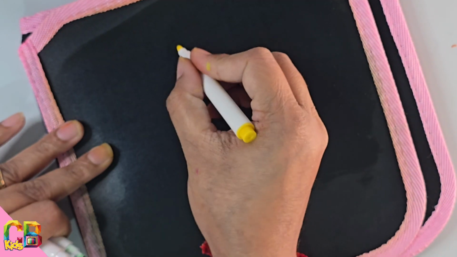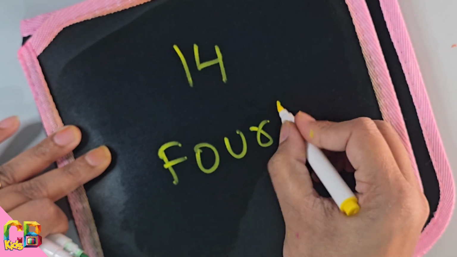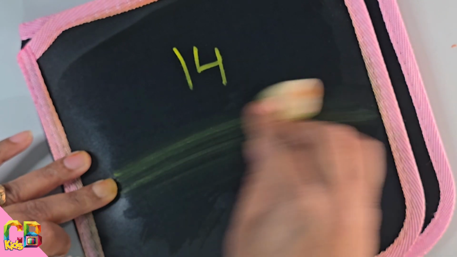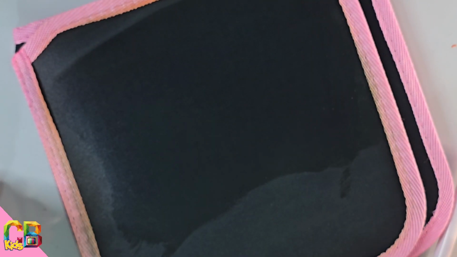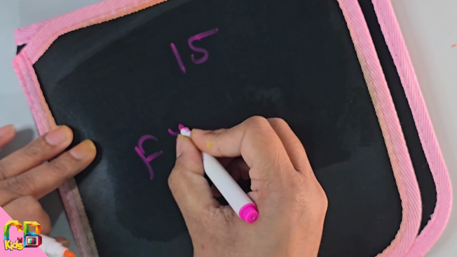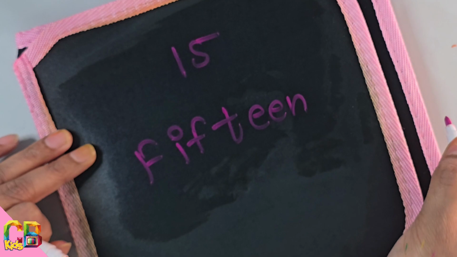Okay, now let's move to another number which is going to be 14. F-O-U-R-T-E-E-N, 14. Okay, now let's write another number which is going to be 15. 1, 5, 15. F-I-F-T-E-E-N, 15.